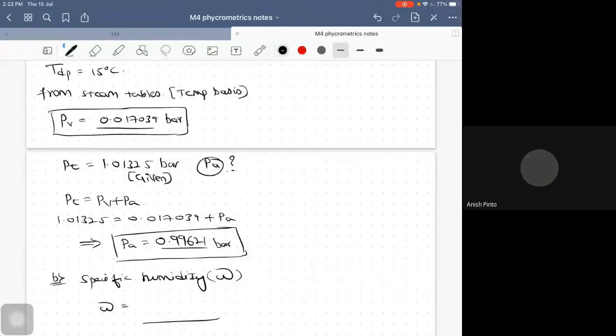Anyone? 0.622 into PV by PA. So I have the values of PV and PA, so I think there is no glitch in calculating this.